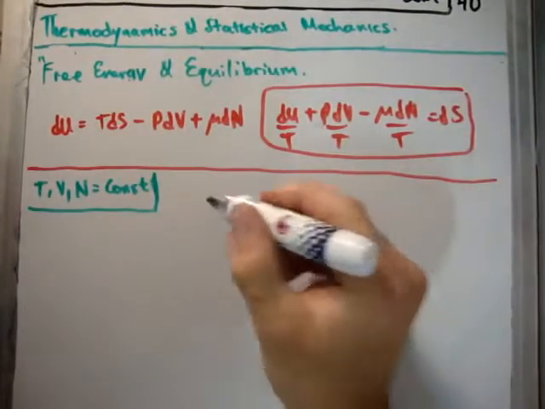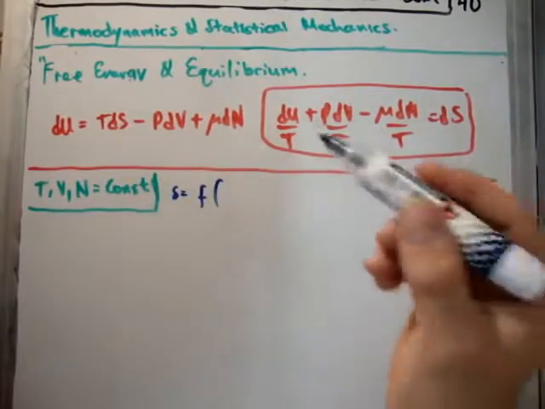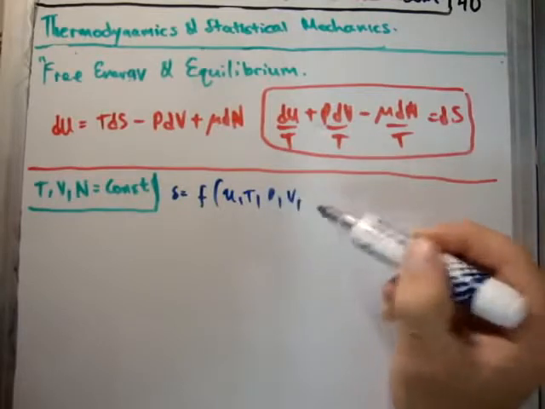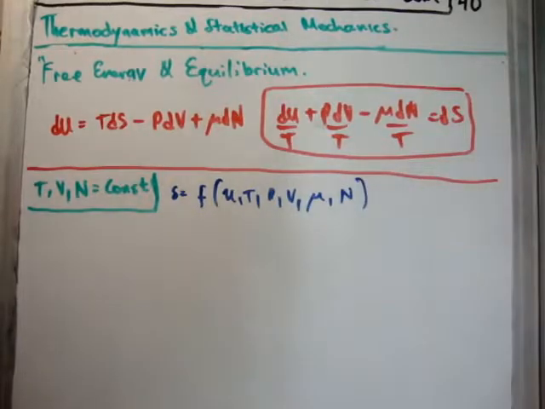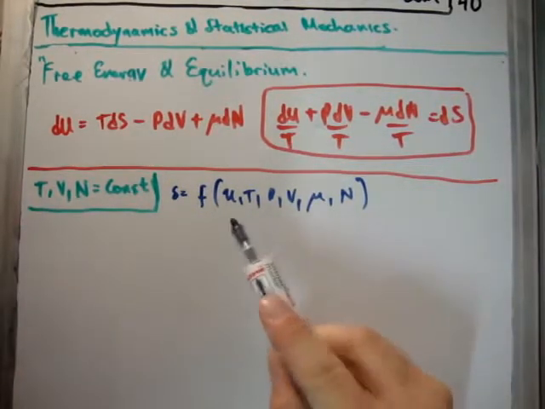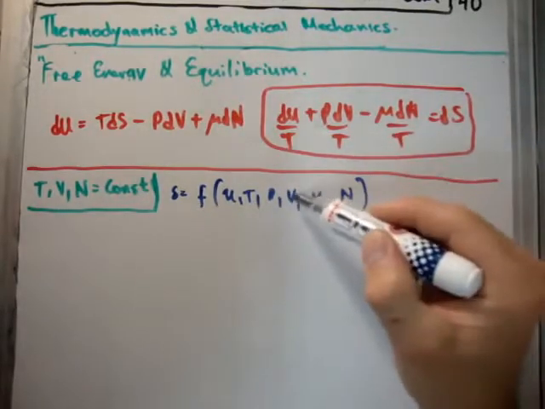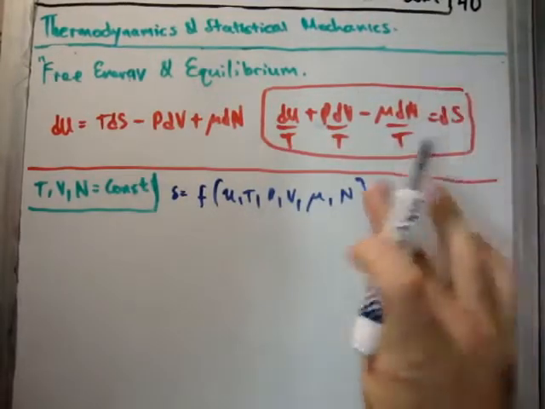If we look here, the entropy at the moment is a function of lots of things. It's a function of the internal energy, the temperature, the pressure, the volume, the chemical potential, the number of particles. However, if we say the temperature is constant, and the volume is constant, we get rid of this term, and if the number of particles is constant, we get rid of this term.